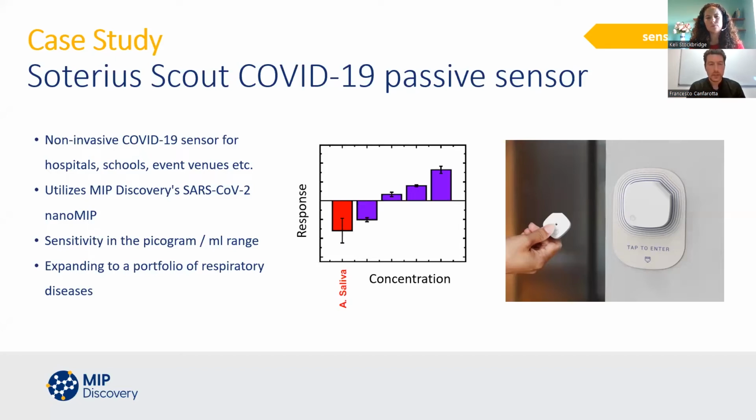The nanoMIPs were integrated into the sensor with the aim to detect potential contamination in public venues such as hospitals or schools. Again, it's based on the nanoMIPs that we've developed here at MIP Discovery, and Soterius has managed to achieve a sensitivity in the picogram per milliliter range, and the company is now expanding to respiratory diseases.